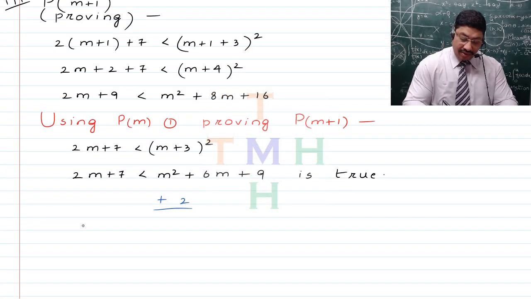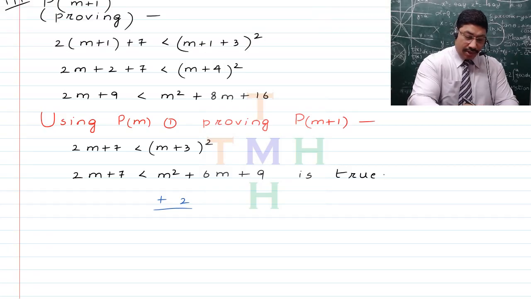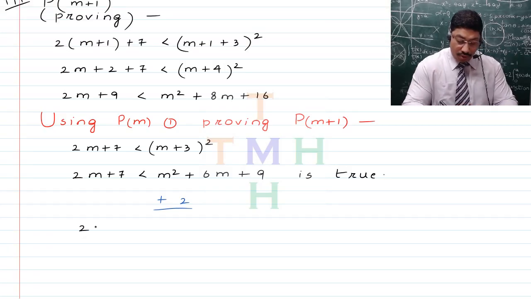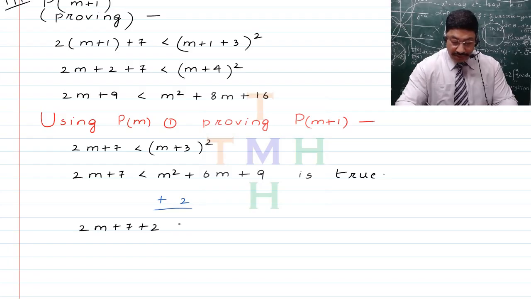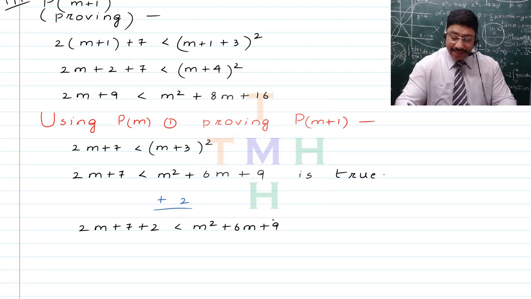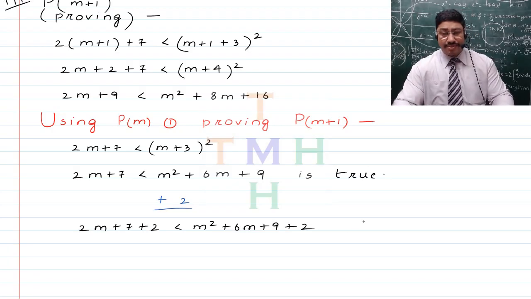Now next, children, we have here 2m plus 7, which will already be there, and to that is going to be added plus 2. Obviously, as this is less than the right hand side, you will write the right hand side, that is m square plus 6m plus 9, to which you will also add 2, because 2 is to be added to both the sides, so that both the sides still remain such that the inequality is true.